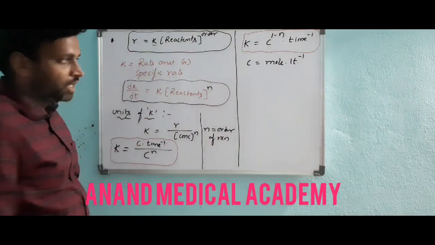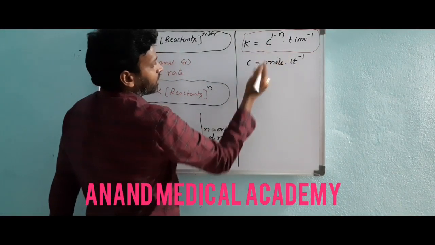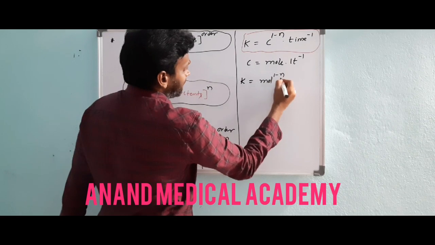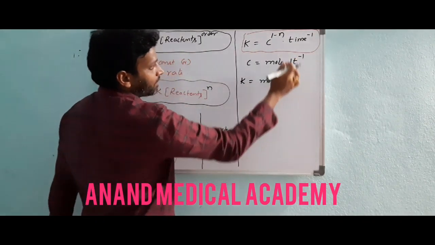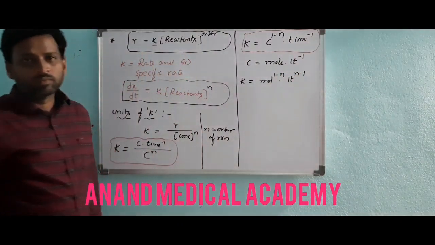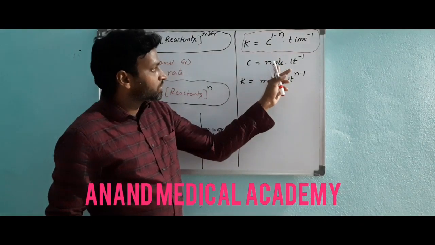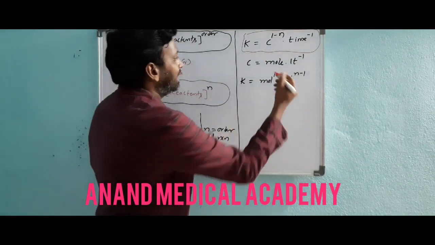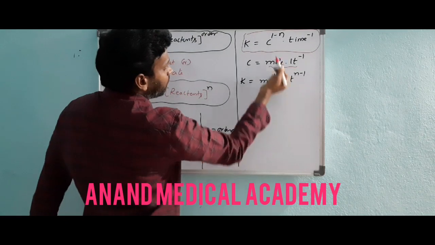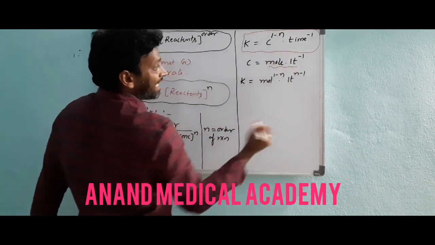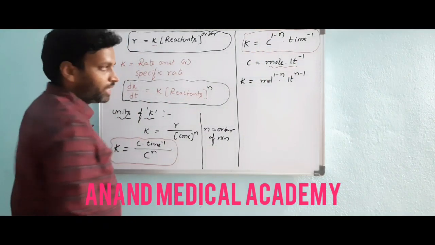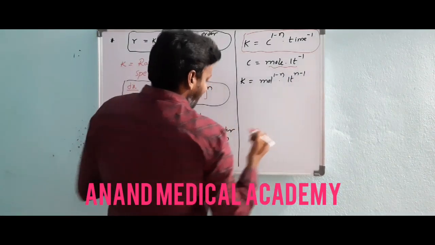So instead of C you can put K is equal to mole power 1 minus n, liter power already minus 1 is there, 1 minus n into minus 1, so n minus 1. Got it? Instead of C I substituted mole liter inverse, so we have mole power 1 minus n and liter power n minus 1, because mole liter inverse is raised to the power 1 minus n. And you have time inverse here.